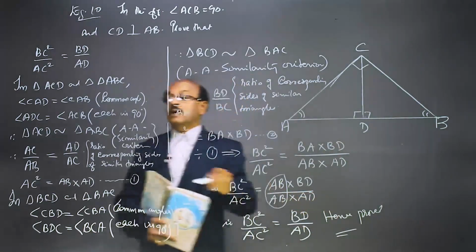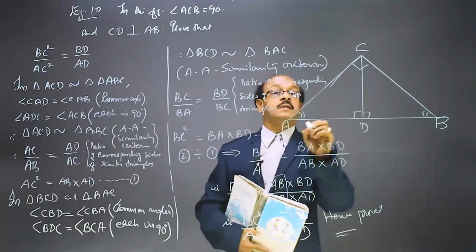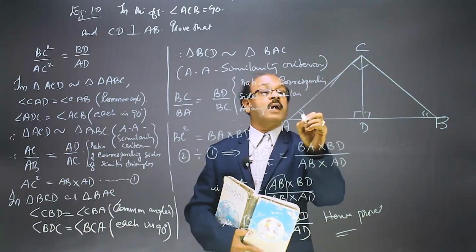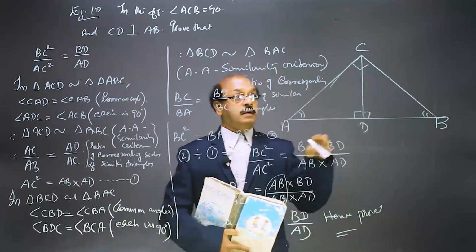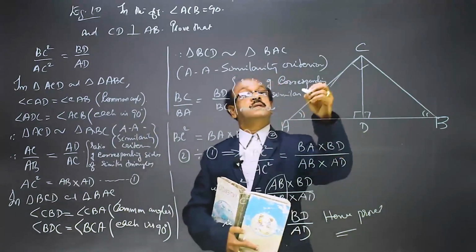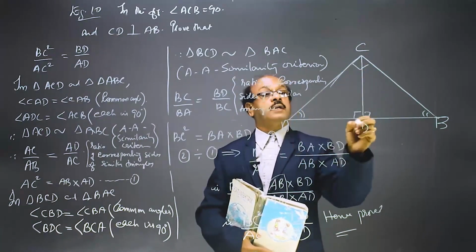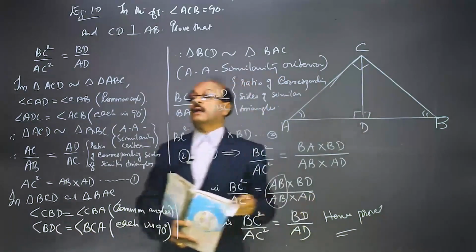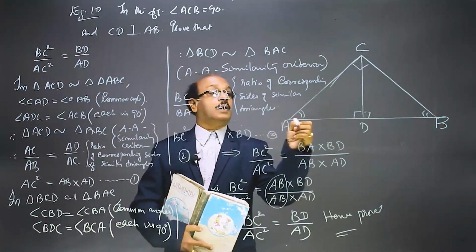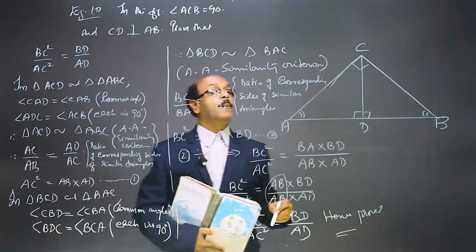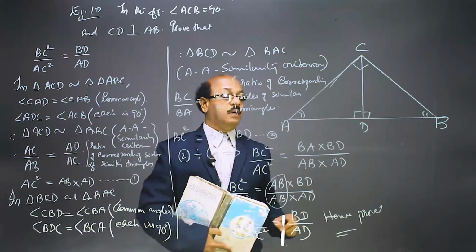AD is the side joining the common angle and the right angle, and in the larger triangle, the side is AC, joining the common angle and the right angle. So we are taking AD by AC. Similarly, we take the hypotenuse and the common angle side in the other pair, and we get the relation BC square by AC square is equal to BD by AD.